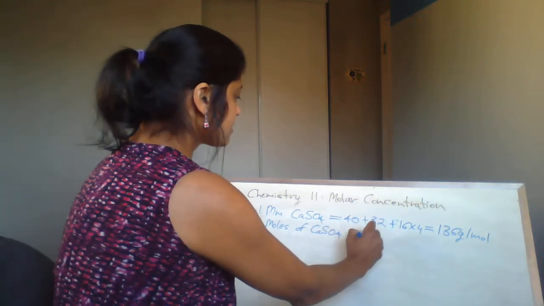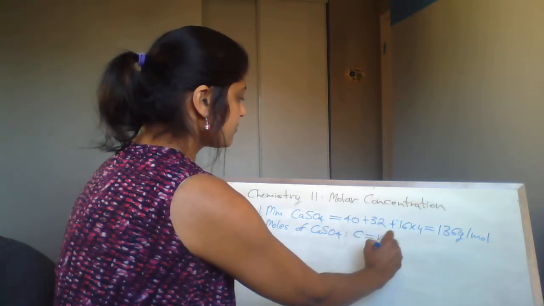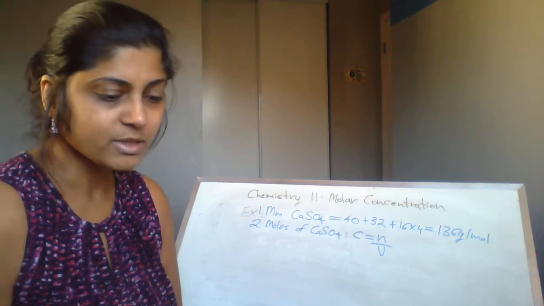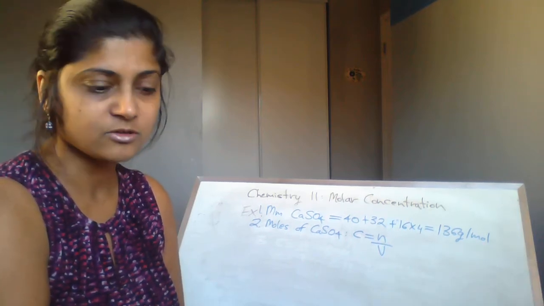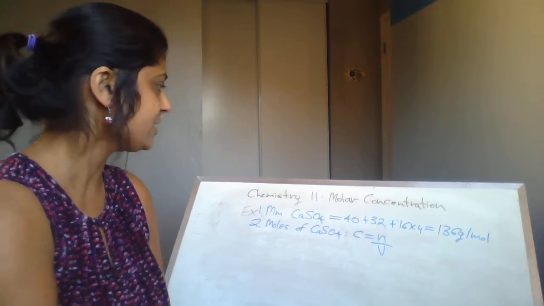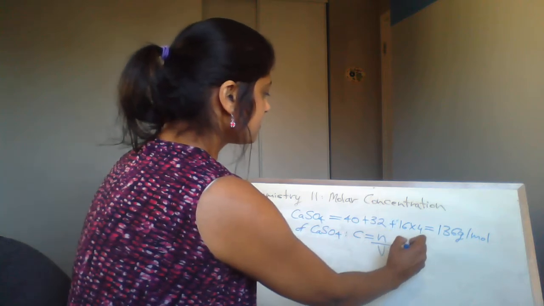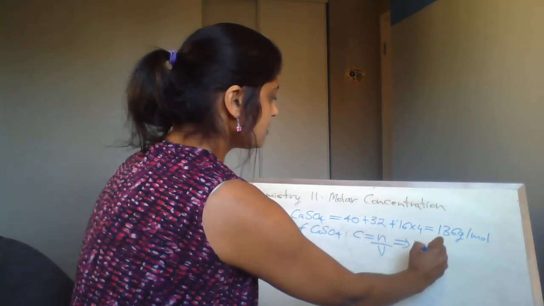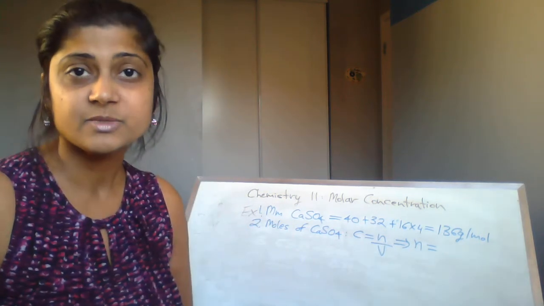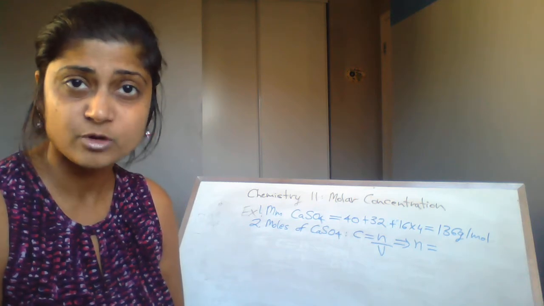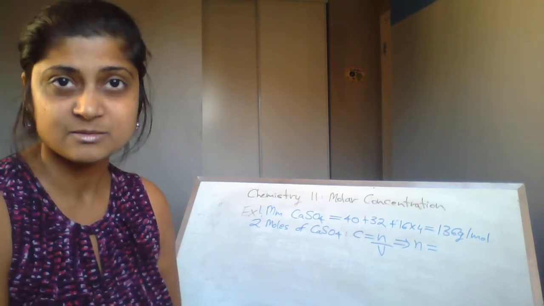So I'm going to write the original equation here. It's C equals n over V. This time I'm looking for the number of moles. So just like in math, I should be able to rearrange the formula based on the variable that I'm solving for.